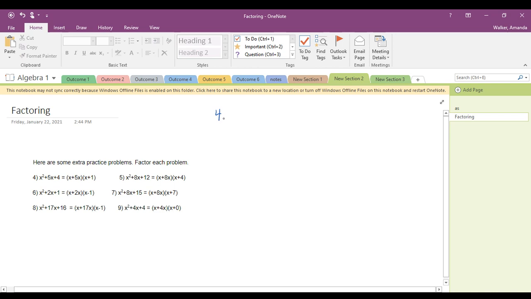So I'm going to go ahead and do number 4, x squared plus 5x plus 4. At the beginning of factoring, some of it is kind of a guess and check game.